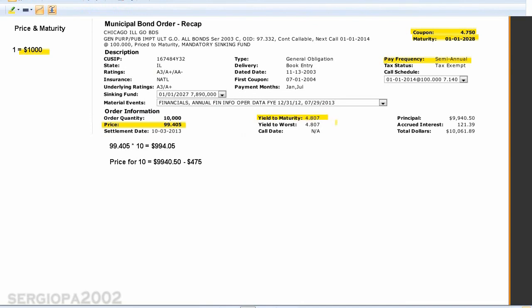So instead of 4.75, you are actually getting 4.807, and that's factoring in the fact that you actually pay a little bit less for this bond, and that when it expires, or at maturity, they're actually going to pay you back 1,000 per bond.